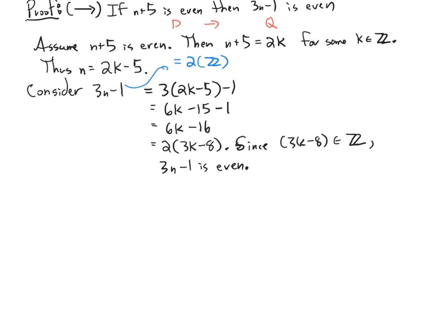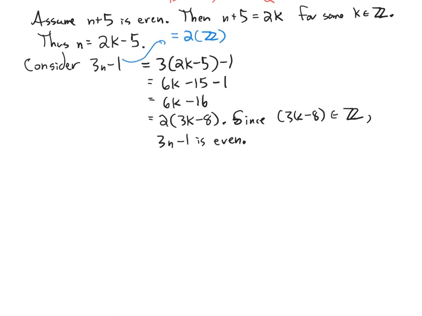Let's do the second direction. So again, I'll write out the second direction. So we're going to prove if Q, then P. So if 3n minus 1 is even, then n plus 5 is even.